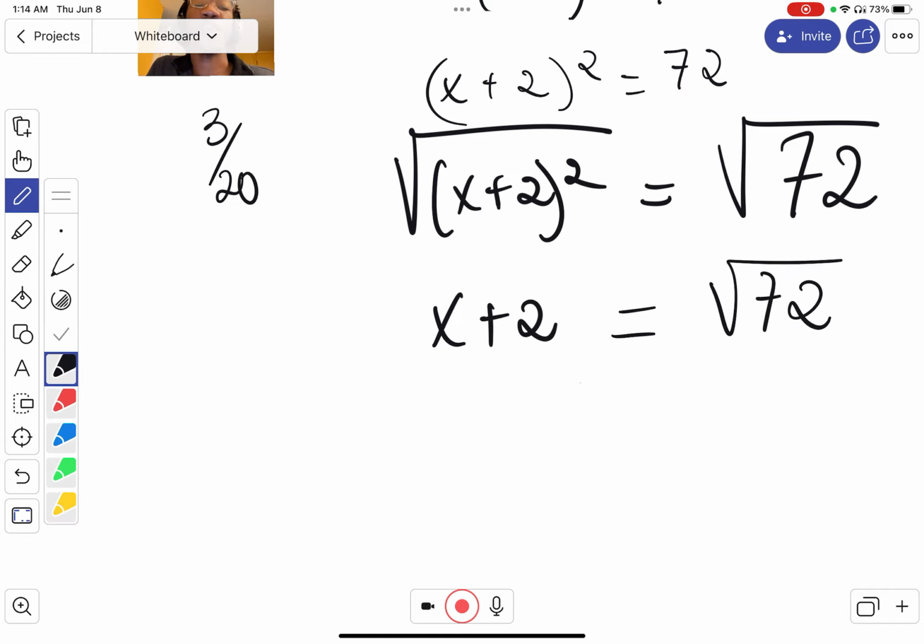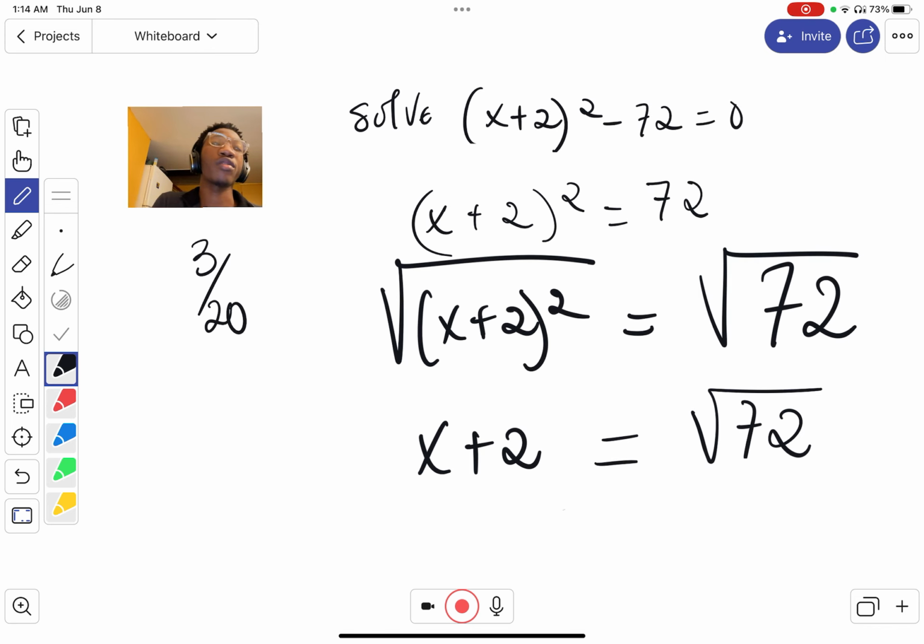72 is a little bit special because it's not a perfect square.